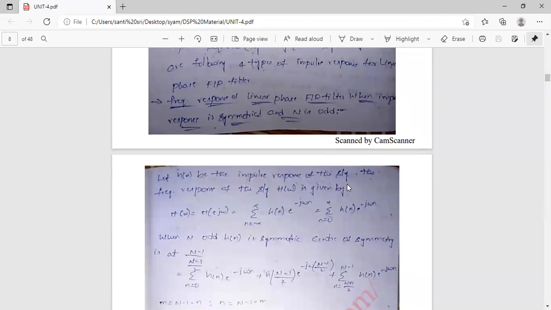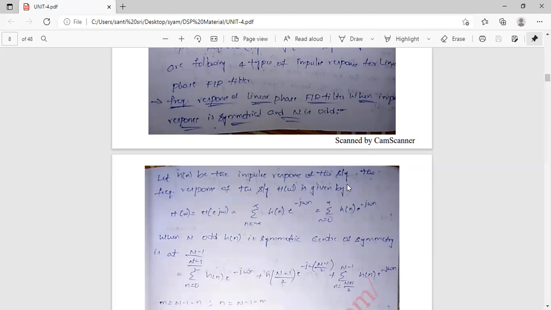Here, h of n is the impulse response of the system. The frequency response of the system, H of omega, is given by H of omega equal to H of e power j omega, equal to sigma n equal to minus infinity to infinity of h of n e power minus j omega n, equal to sigma n equal to 0 to N minus 1.